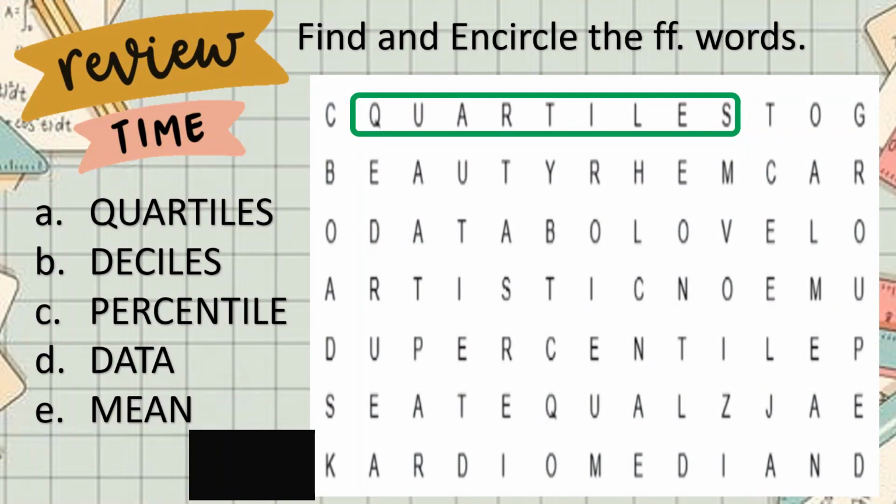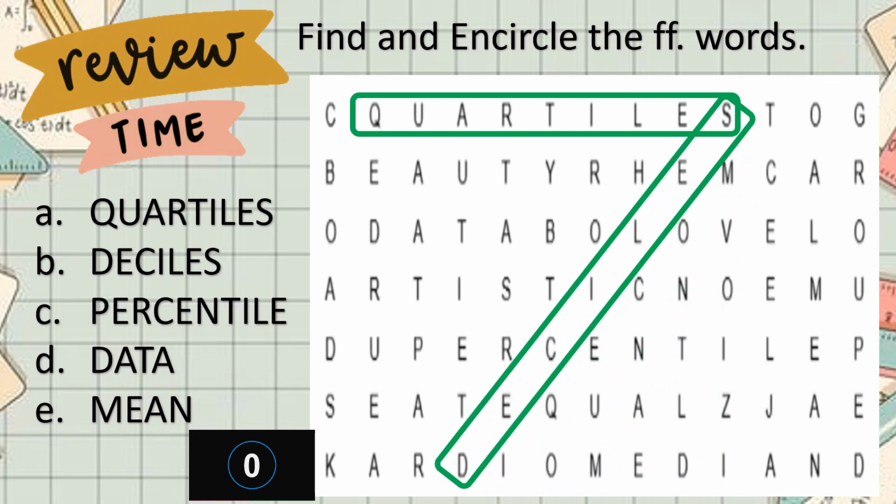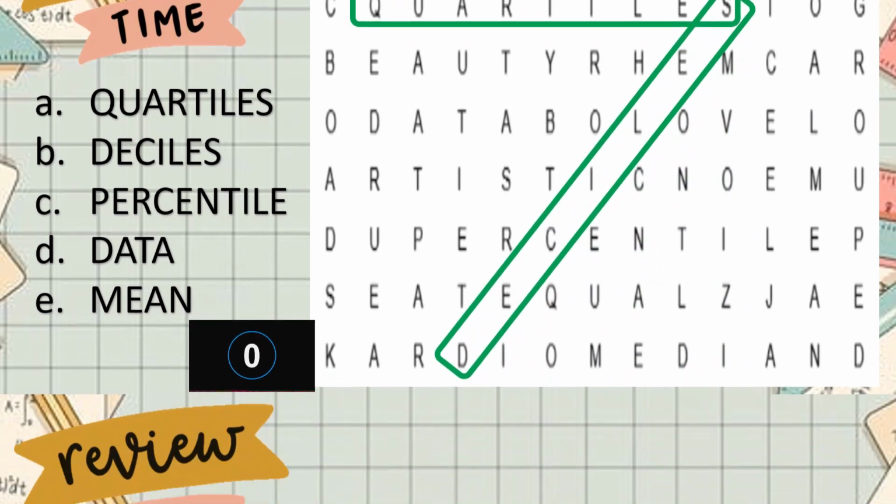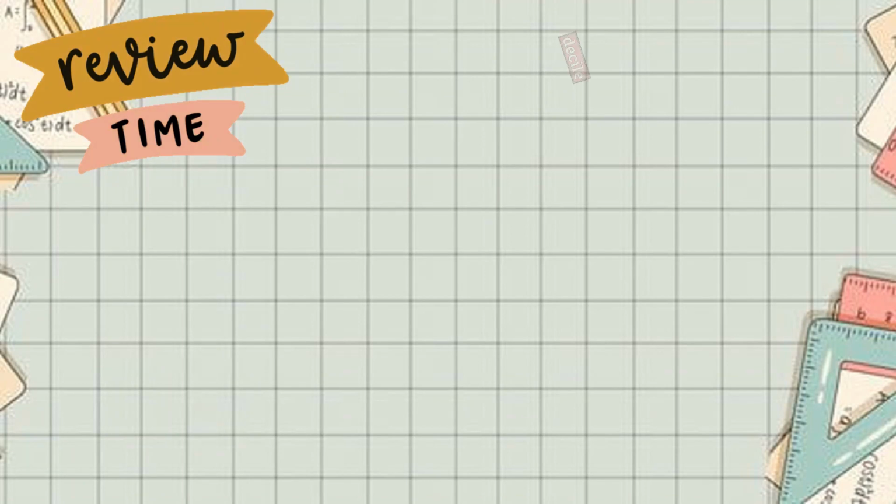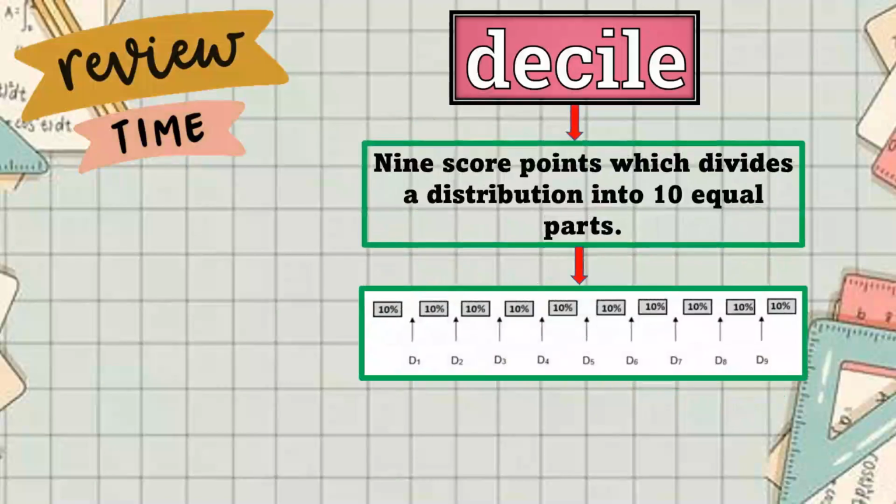Now let's find the word decile. Again, I will give you 10 seconds to find it. Have you found it? The word decile is here. Remember, deciles are 9 score points which divide a distribution into 10 equal parts.